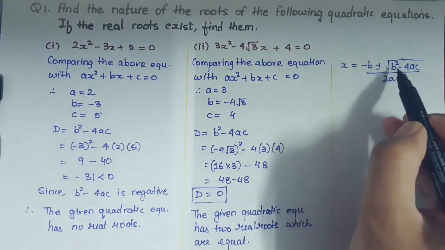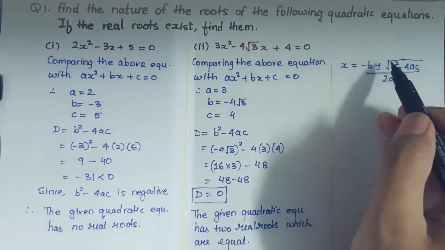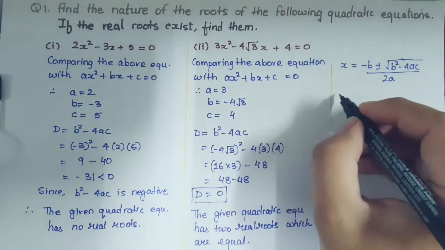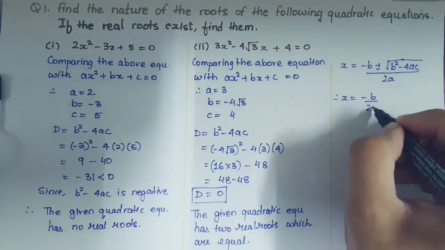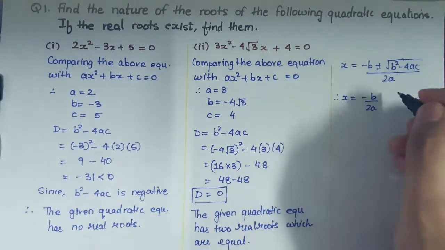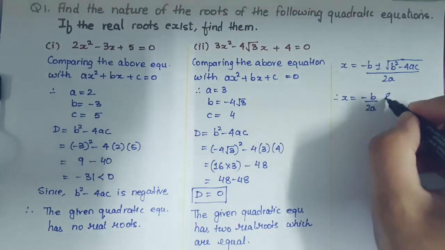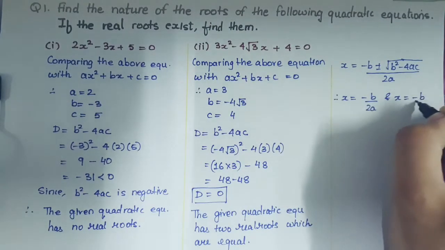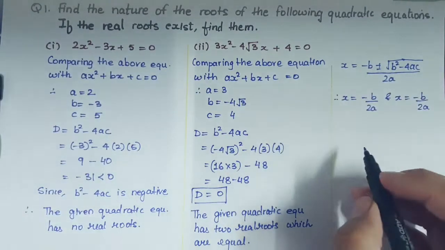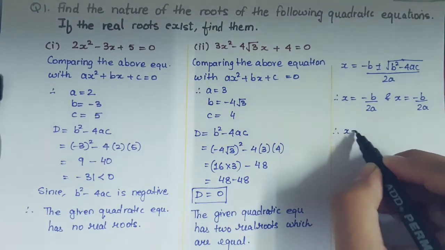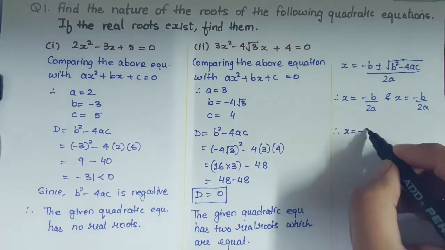So if I put 0 over here, it is of no use. So we will get x equals to minus b upon 2a, and the other root also x equals to minus b upon 2a, because one is with plus and one is with minus.